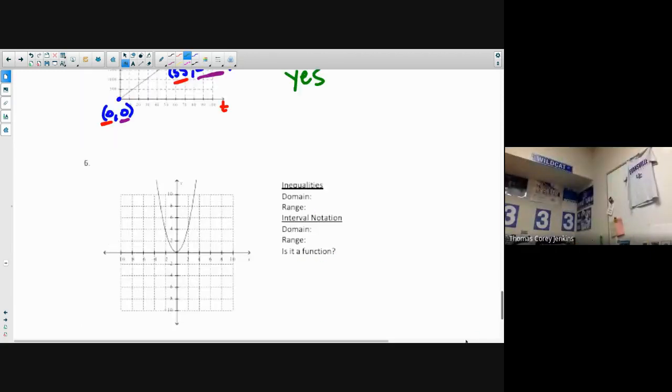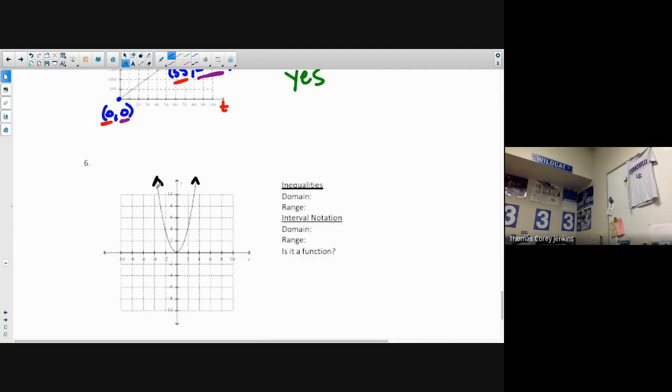All right, let's do one more. I'm going to go a little bit quicker. This one right here does not end in dots, right? So we have to assume that it continues on forever. Okay, this is called a parabola, which you don't know much about, but it kind of is hard to tell, is there a side-to-side limit?